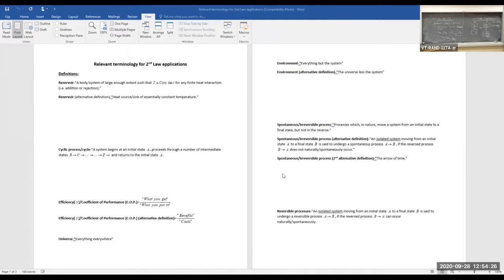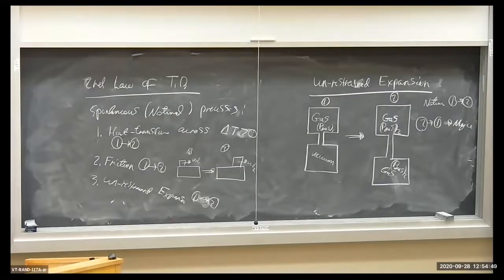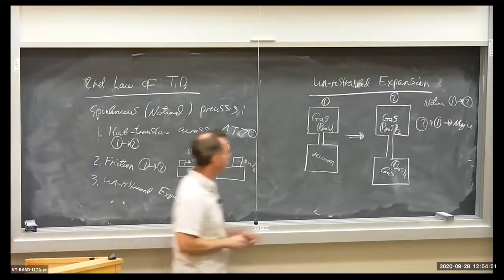Start with the original state 1 and go to state 2. Draw those three situations and you will have a pictorial representation of three spontaneous irreversible processes. So take a moment, pause the video, and draw in the three processes.